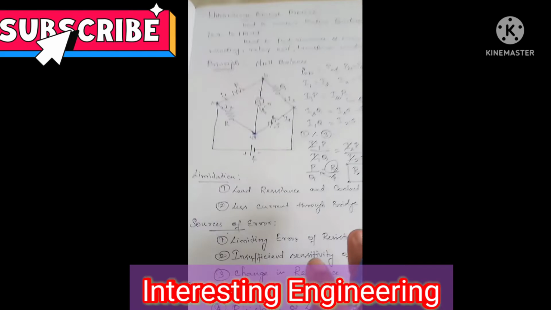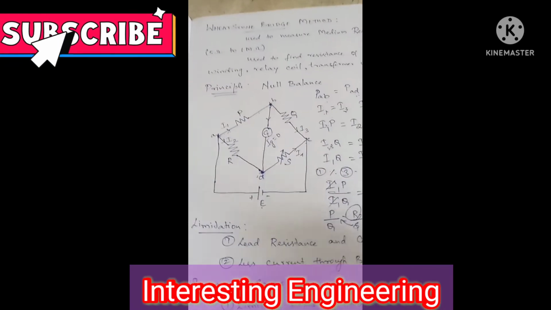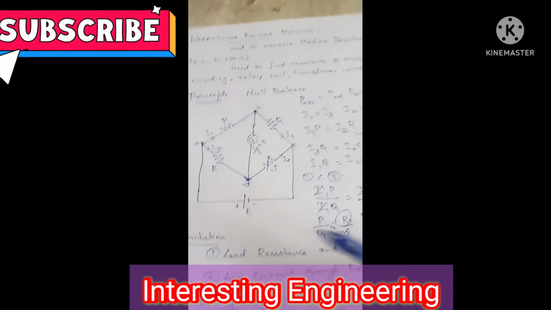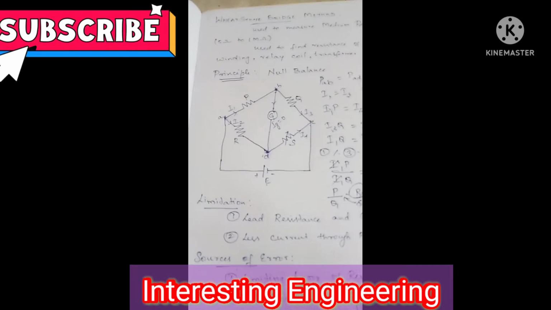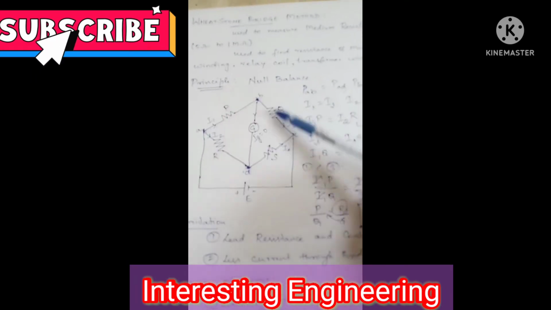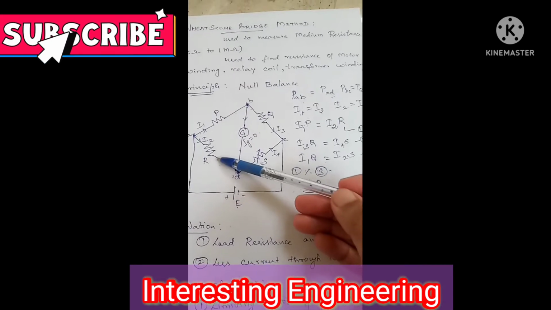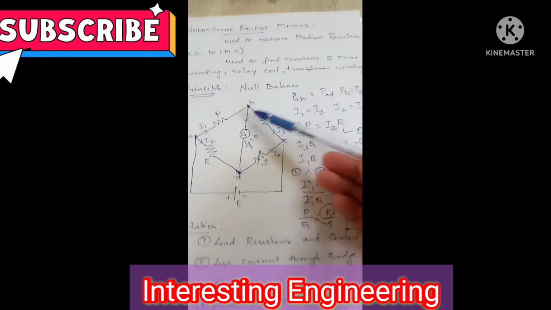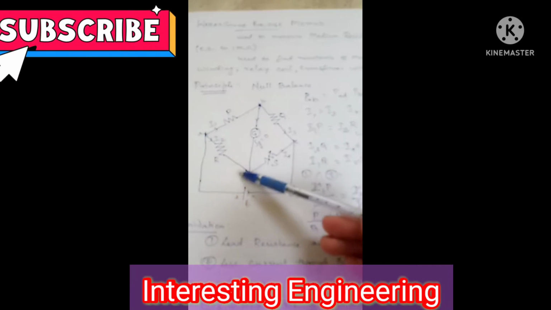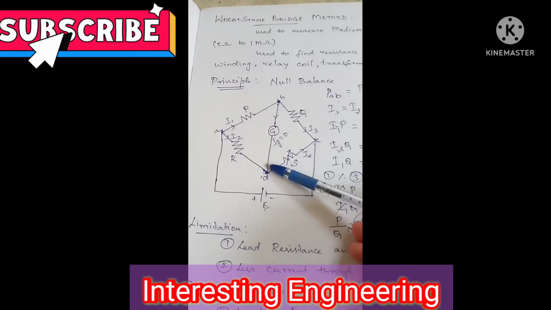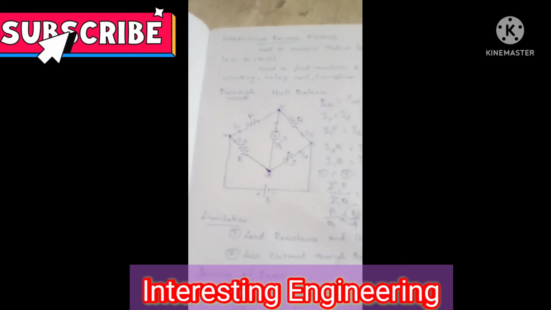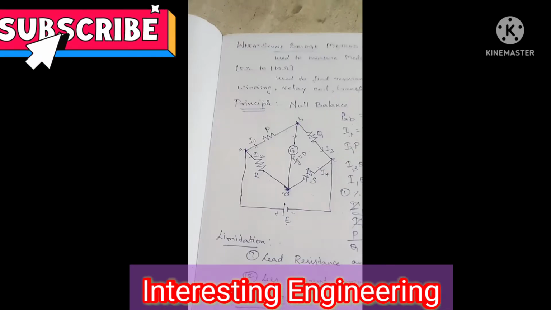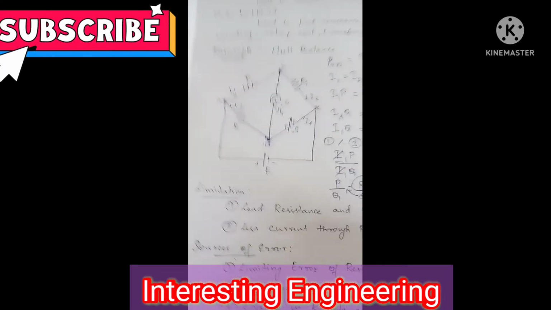But even in this bridge circuit, we have certain limitations, such as in each resistor there are leads connected to it, and also there are contacts over here, which may cause error in our measurement. Due to the presence of leads and contacts in the resistances, there occur errors.